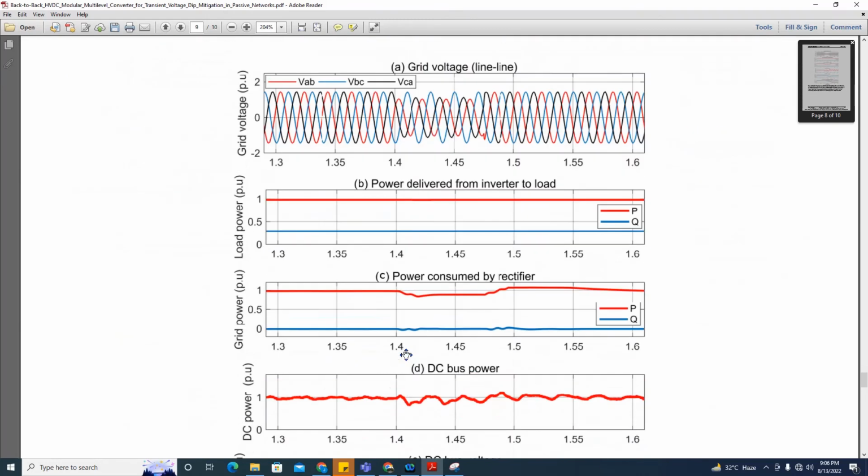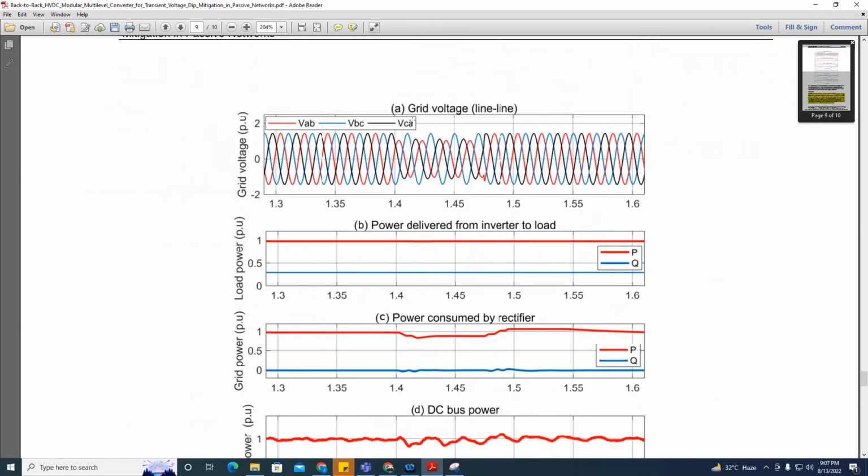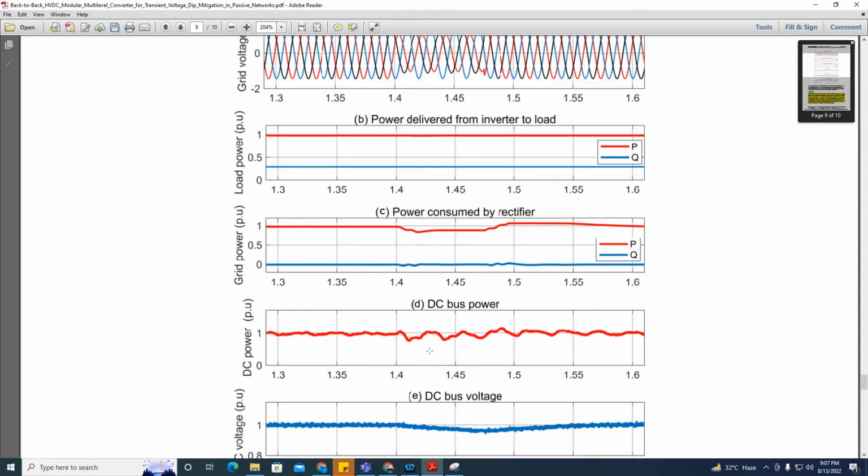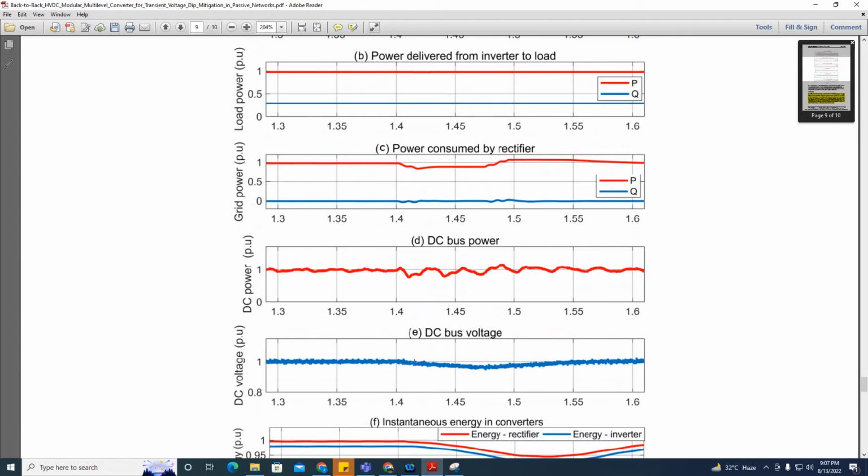Now we are discussing the case of an unsymmetrical dip. Similarly, the power is not going to be disturbed. If there is an unsymmetrical dip on the grid side, this is not going to affect the power. There is some reduction in the power consumed by the rectifier, and due to this fault some oscillations come in DC power, but as compared to the previous case, DC power oscillations are reduced, and the DC link is also not much disturbed.